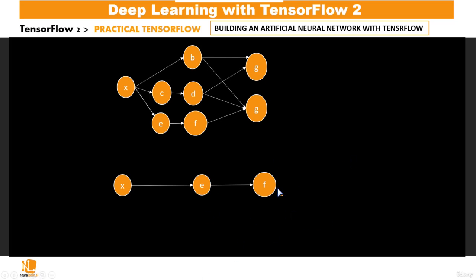Now, to create models where the layers are interlinked, like in this graph, or where we have many inputs and many outputs, we make use of the functional API, which is quite different from the sequential model we just built. So let's build a simple model using the functional API.